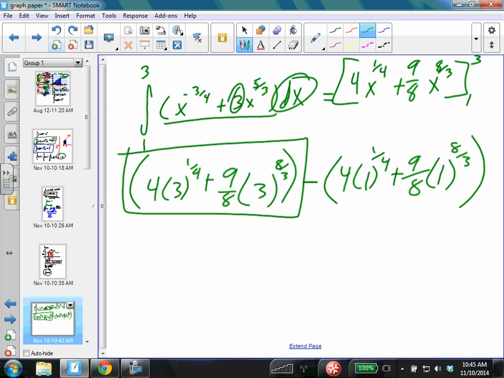Anybody got it? Will it come out in a fraction? Well, we actually want to get a numerical value. So what did you get for this right here? You can give me a decimal, that's fine, and you can round it.